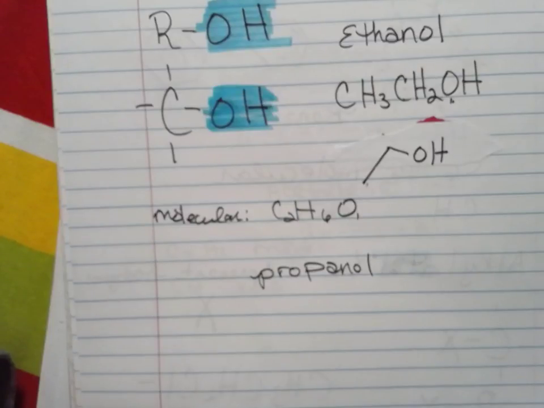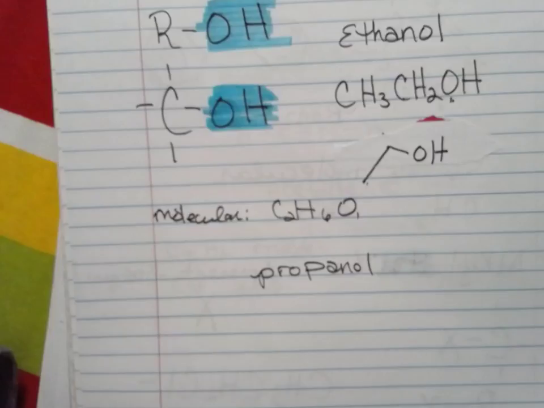It's just a formula. You're talking about that formula, CH3CH2OH. What you need to know is column 1, the family name. You need to know column 2, the functional group.